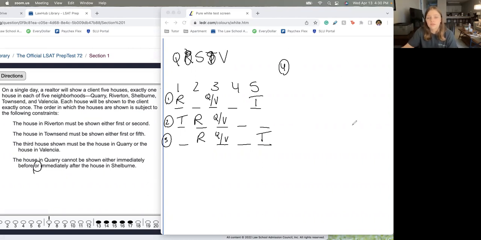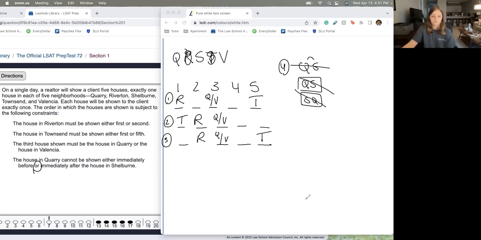So if I were to write this rule out, I would probably write it out something like Q, S, doesn't matter what order they're in, they hate each other. I can't have Q and S next to one another. The other way you can write it out if you need something a little more clarifying, I guess you could say, I can block them and slash them out. So that way, if I see Q or S touching each other, I know it's a dead world.